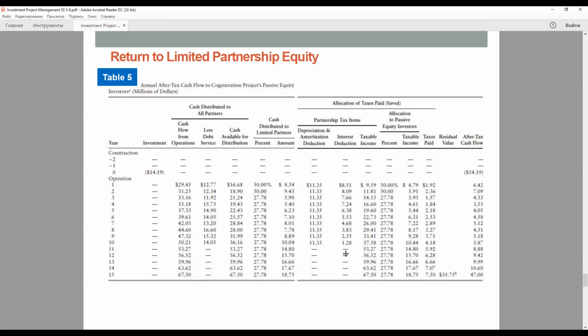It means to calculate the residual value of the project in year 15, we multiply the after-tax cash flow by 5 and receive the valuation for this project. But again, the certainty of this valuation is really debatable. The expected rate of return for the passive equity investors in a cogeneration project based on the after-tax cash flow stream is 40%.